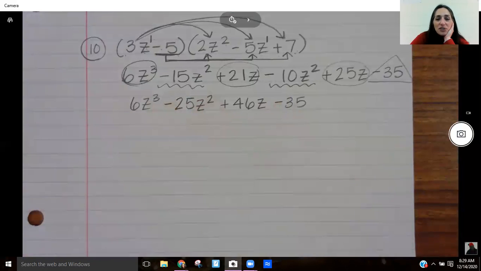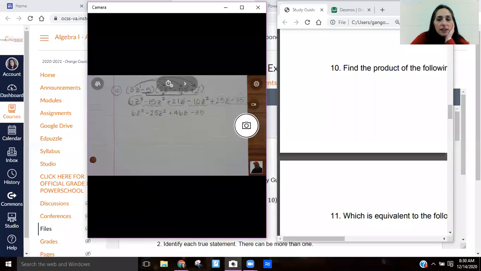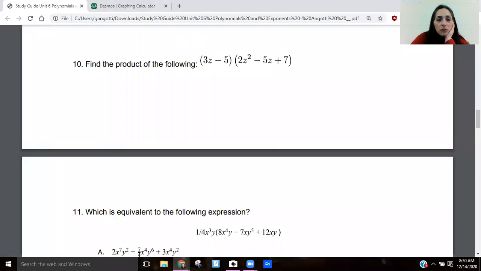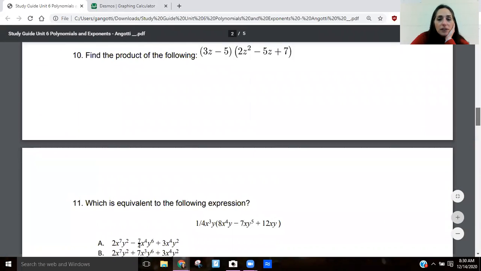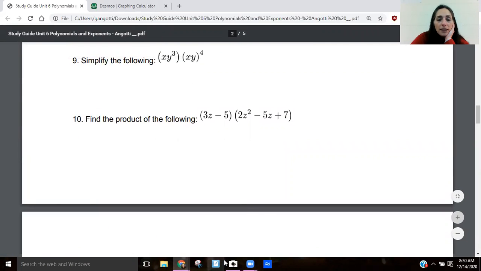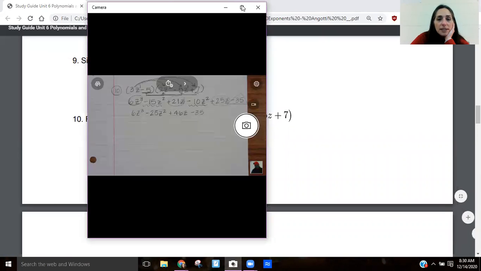And let's see which answer choice that ends up being on our study guide. 6z cubed minus 25z squared plus 46z minus 35. Oh, this one didn't have multiple choice. Well, all right. So let me bring it back up on the screen in case you need to see it one more time.